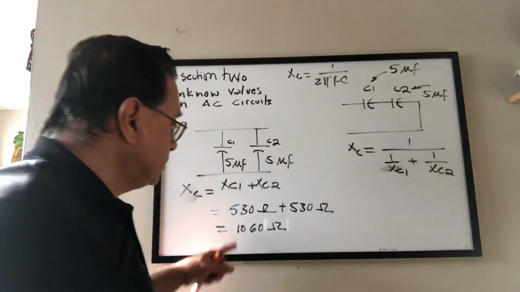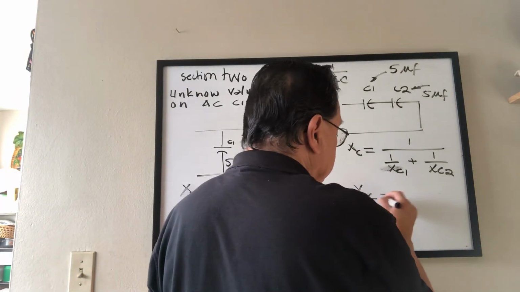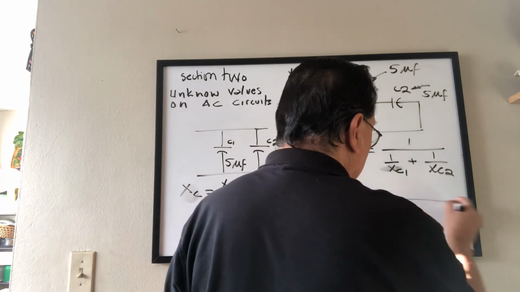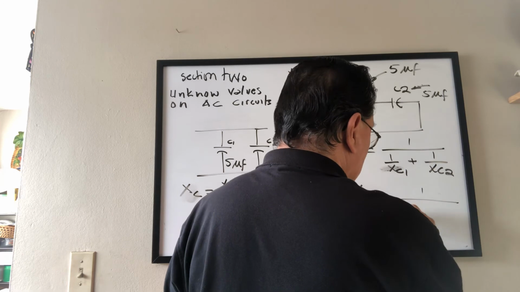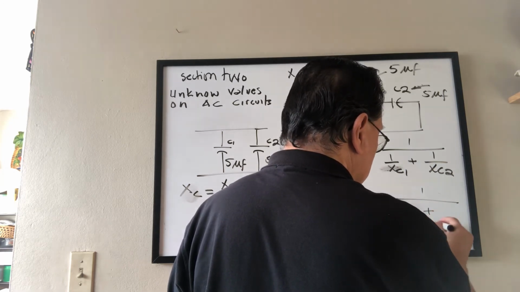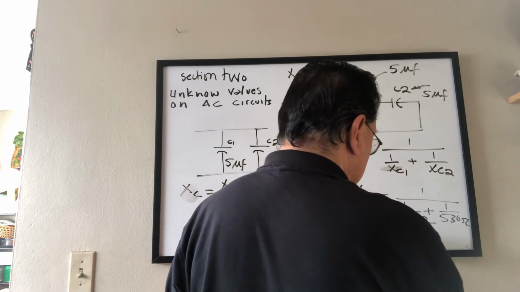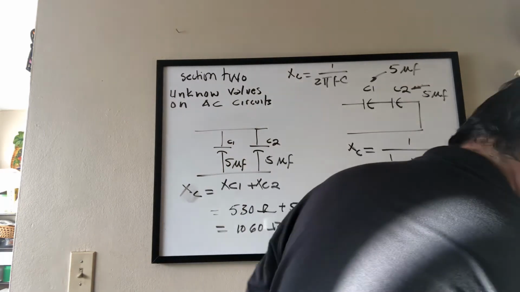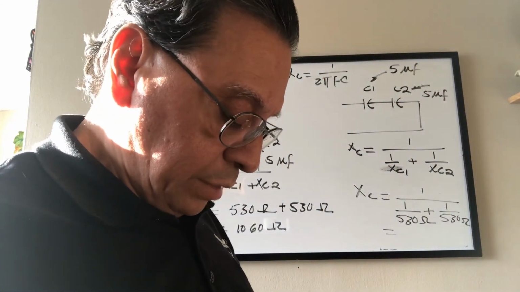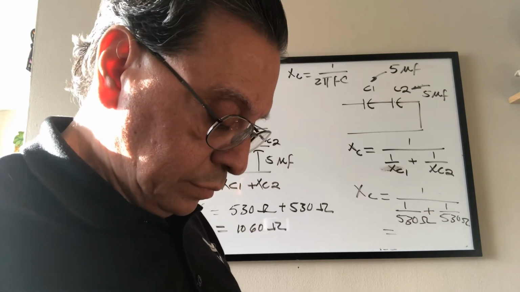In our case it is 530 ohms, so I calculate the resistance presented by these two capacitors in series. It will be 1 divided by 530 ohms plus 1 divided by 530 ohms, which is equal to 1 divided by 530 times 2.